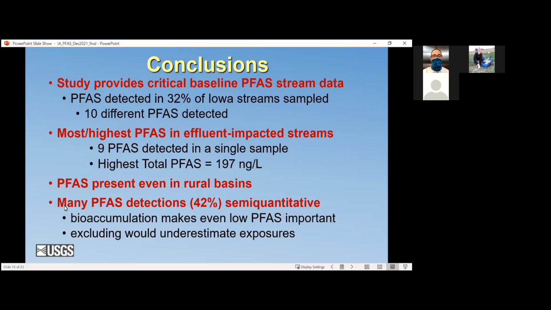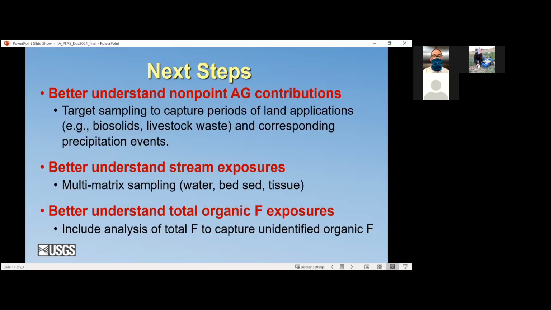As I mentioned multiple times, these low-level semi-quantitative PFAS detections are very important because, given the bioaccumulation aspect of PFAS, excluding these semi-quantitative detections would have effectively underestimated exposures. That's important because even low-level exposures could eventually bioaccumulate to concentrations that have environmental consequences.